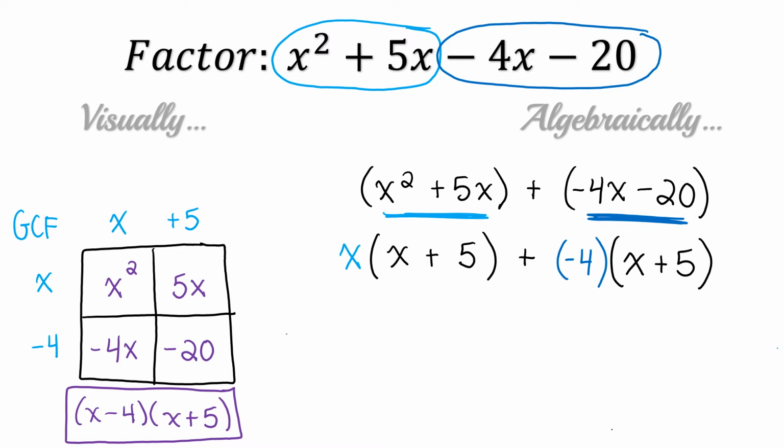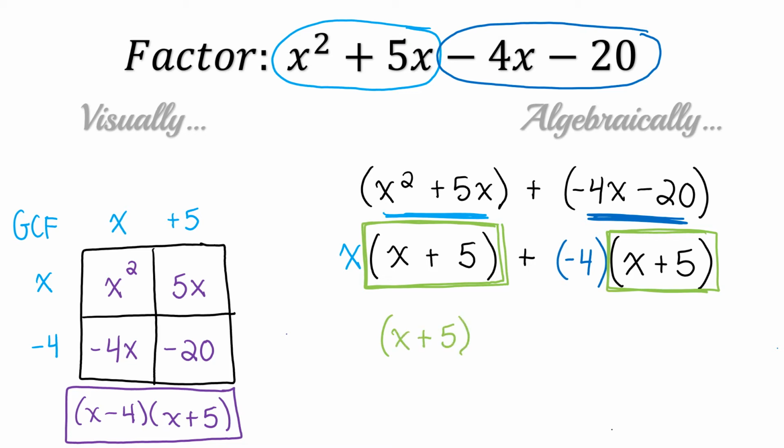After factoring out the greatest common factor from each group, we want to see if our products have a common factor. They do. Both of these products have the quantity of x plus 5 as one of their factors. So we can factor out that entire quantity of x plus 5.